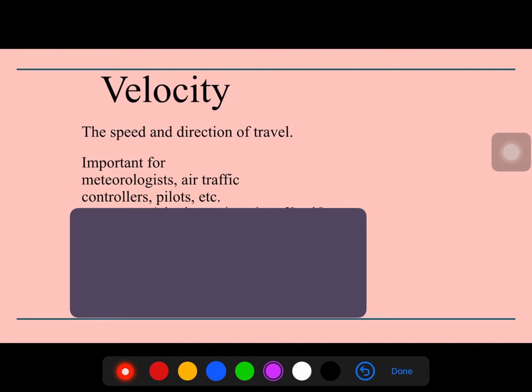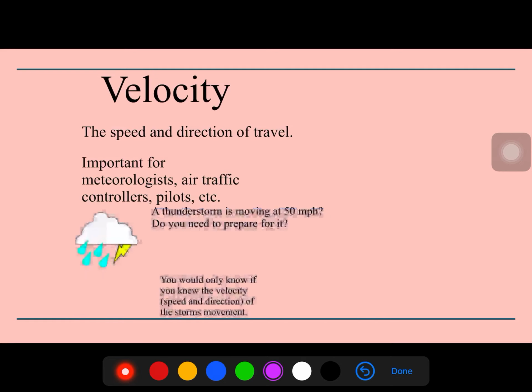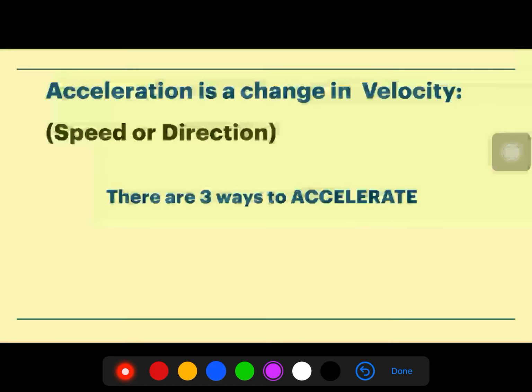If I told you there's a wicked thunderstorm coming in at 50 miles per hour, should you go pull in all your cushions and get out of the pool and run for cover? Not until you know what direction it's traveling. You would need to know the velocity of the storm's movement, and then you might have to act on it. And again, when you change the speed or direction, that is what we call the acceleration.